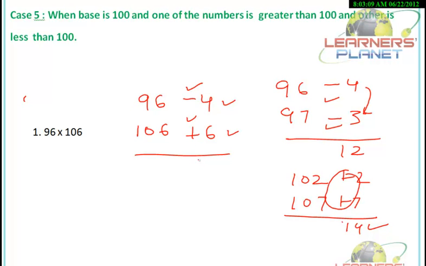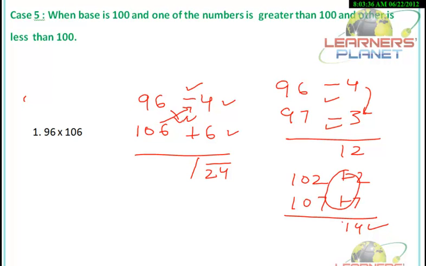Let's begin. 6 4s are 24, but this 24 will be negative, so we put a bar over it. Next, either we add 6 to 96 or we subtract 4 from 106. Same as the previous case, we just have to go for a cross calculation. We can add in cross or we can subtract.